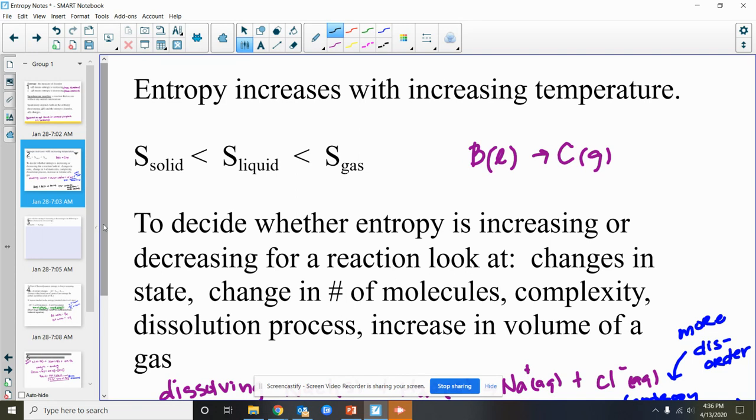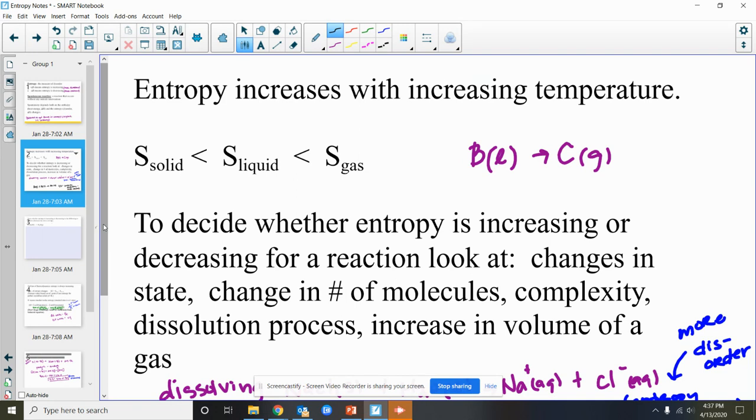They're bouncing off each other, they're bouncing off the walls of whatever container they're in. But there's really no rhyme or reason to the direction until they hit and go the opposite direction. So essentially, a gas has the highest amount of entropy of all the states of matter because it's the most chaotic. There's not a whole lot of order as far as gas molecules go.